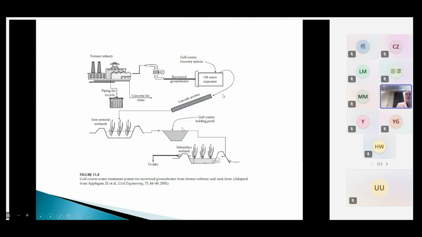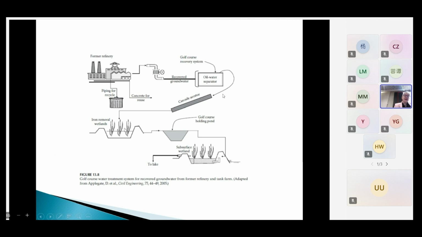So this is another site, an old petroleum refinery, where they took all the piping and all the concrete for reuse. They recycled all of this stuff. They recovered the groundwater. They did a lot of aeration and so on, and then they redid the whole area and made it like a golf course.